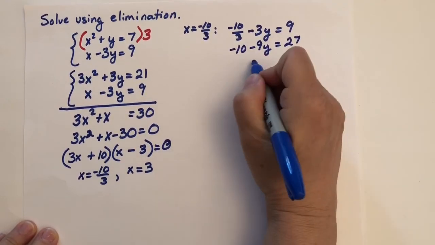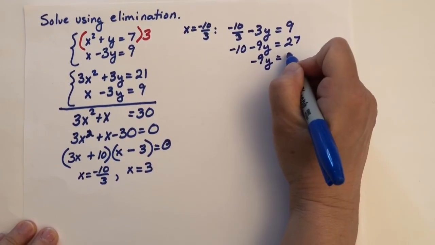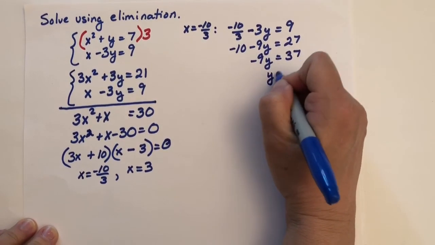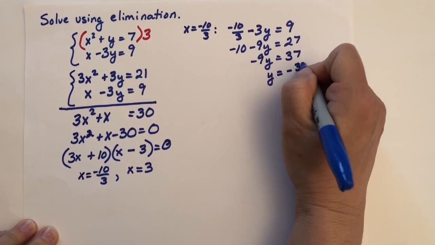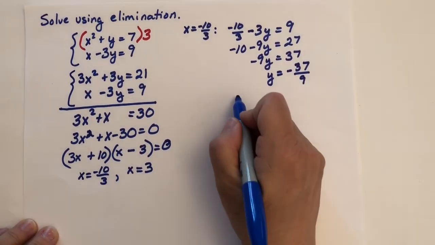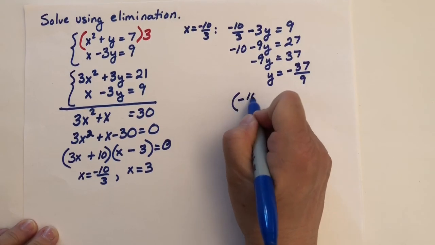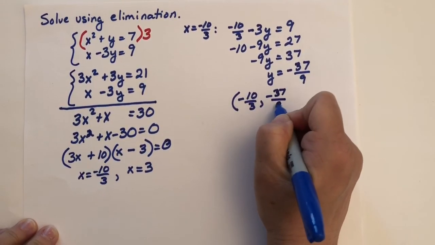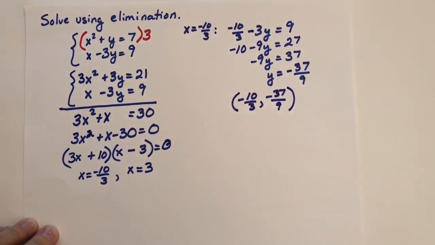Add 10. And divide by -9. So one of the solutions to this system is the ordered pair -10/3, -37/9.